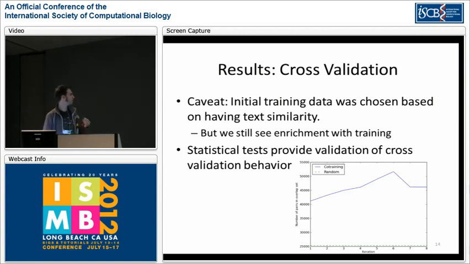So we did other tests in order to verify that the training we see occurring is actually giving us some kind of interesting result. One of these statistical tests is, again, to train the model through multiple iterations, and then keep track of how large the overlap set is between our two models. What is the overlap set?